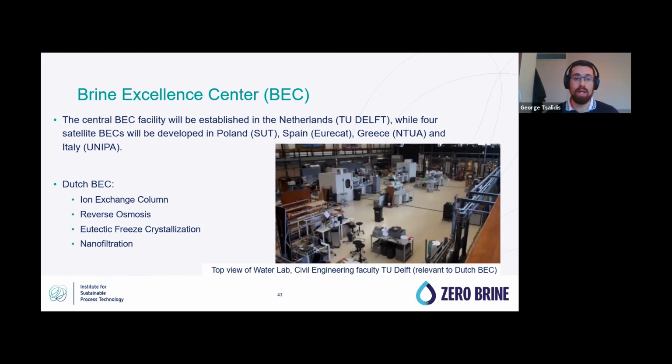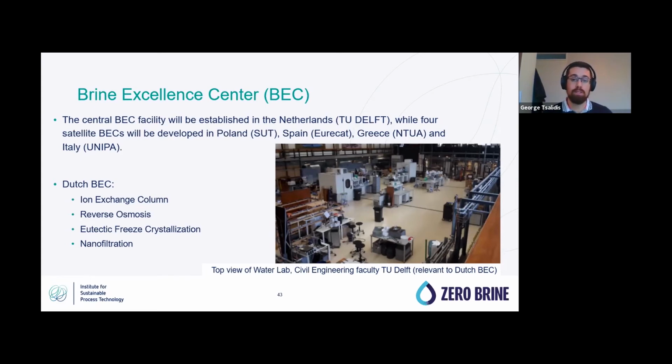The main BRINE Excellence Center is located in the Netherlands, in TU Delft, and there are 4 other satellite BRINE Excellence Centers in Poland, in Spain, in Greece, and in Italy. And in the brackets, you can see the organizations, universities or institutes which are in charge of those BRINE Excellence Centers.